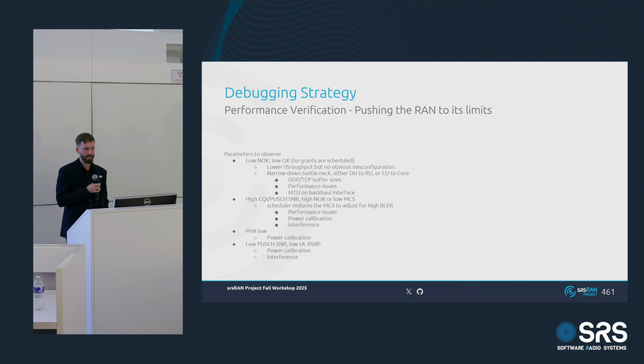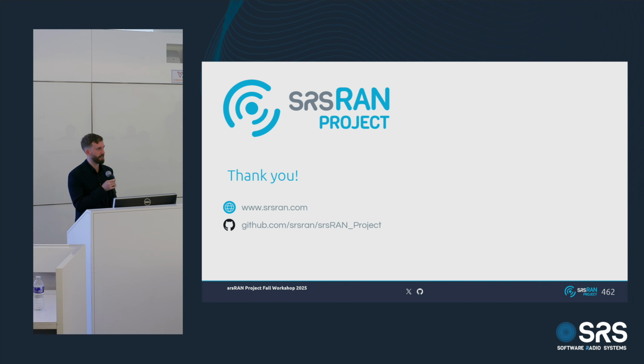And for the TCP stuff, my colleague Pedro will today have a whole presentation about this. So if you're interested in debugging these issues, go there. The UDP is usually easier to debug. So if you adjust the buffer sizes as we describe in our documentation, you should be good to go. Yes, all right. I'm at the end of my presentation. Thank you for your attention. And in case you have any questions, I'm all ears.